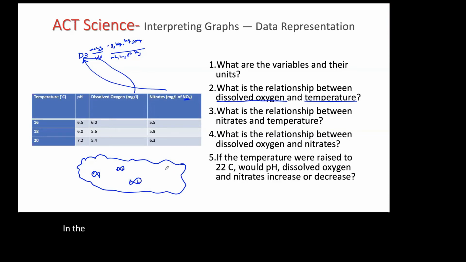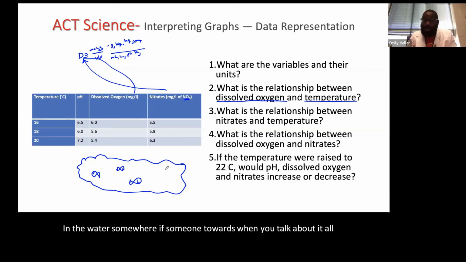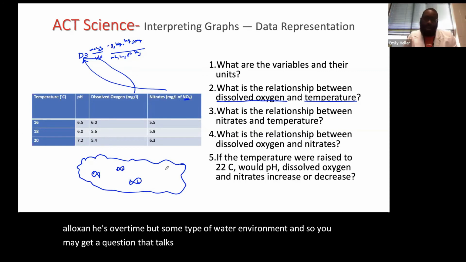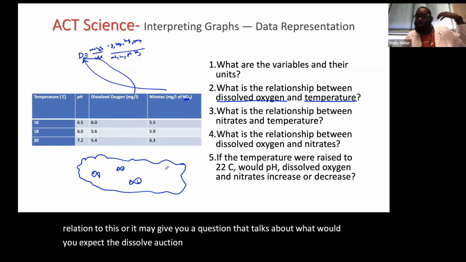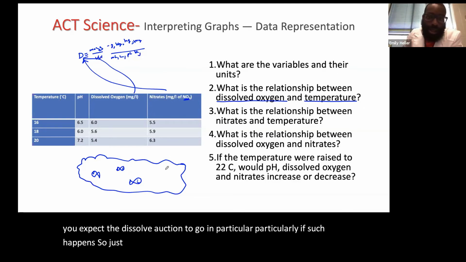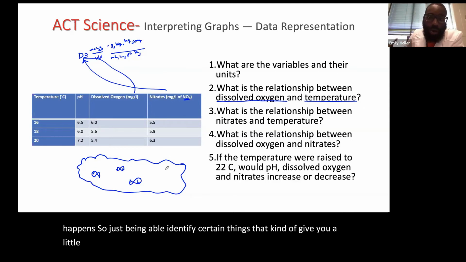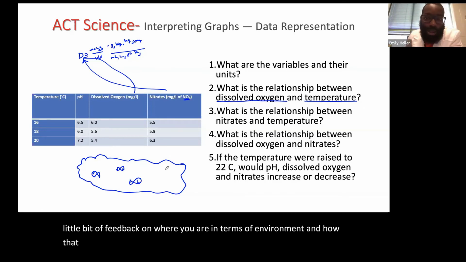All right, it's somewhere in the water. So when you talk about dissolved oxygen, we're talking about some type of water environment. And so you may get a question that talks about identifying the environment in relation to this, or it may give you a question that asks what you would expect the dissolved oxygen to do in this particular lake if such happens. So just being able to identify certain things that give you a little bit of feedback on where you are in terms of environment and how that data relates to that particular environment, right?